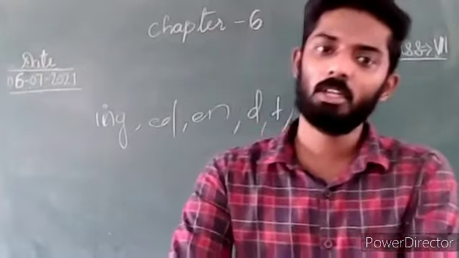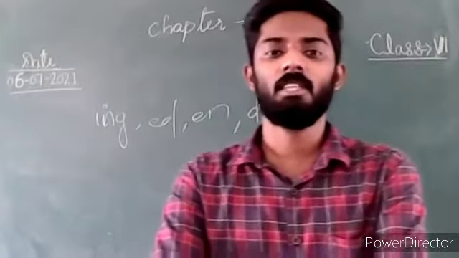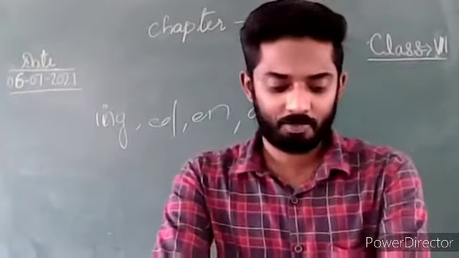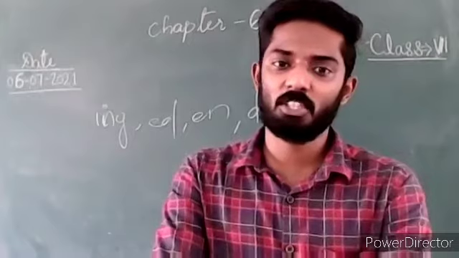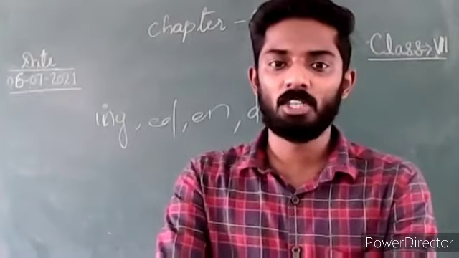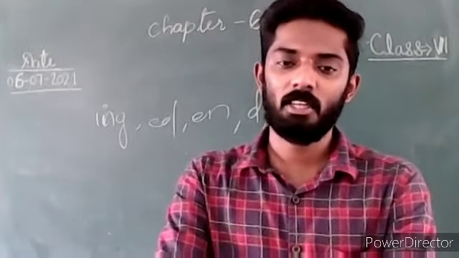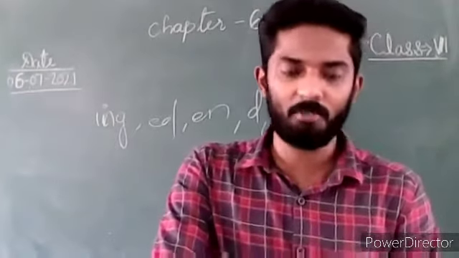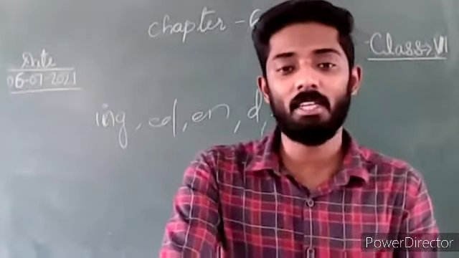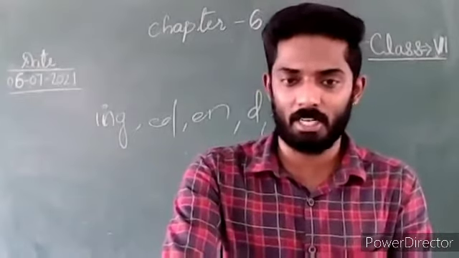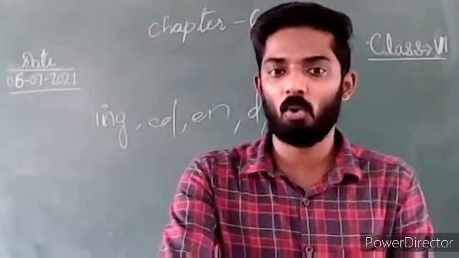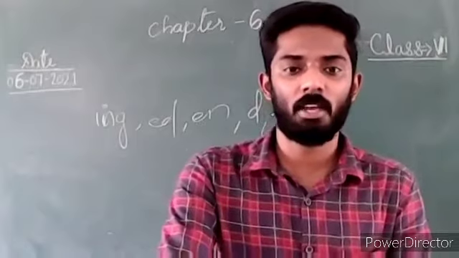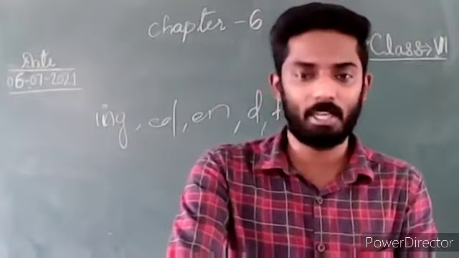So here the word thought is the finite verb which is used in the sentence, and the word shouting is the gerund which is used. That is the non-finite verb. So the word shouting becomes a non-finite verb and it is also a gerund.